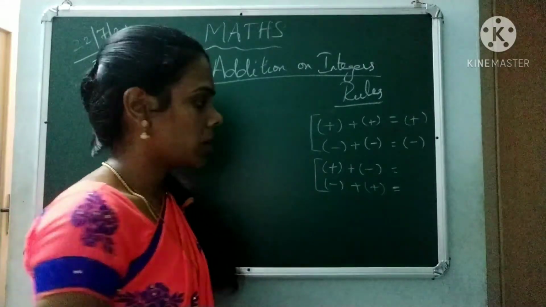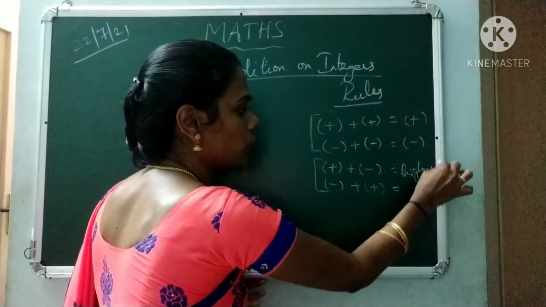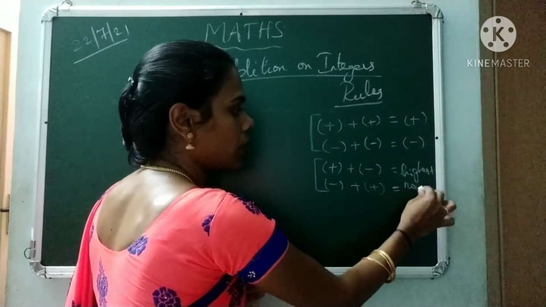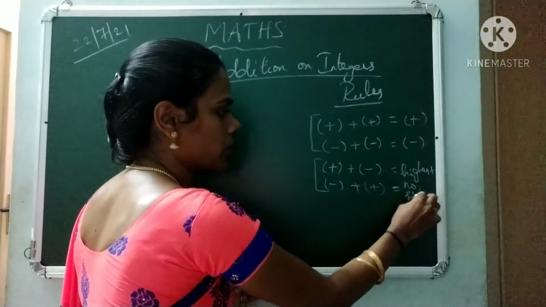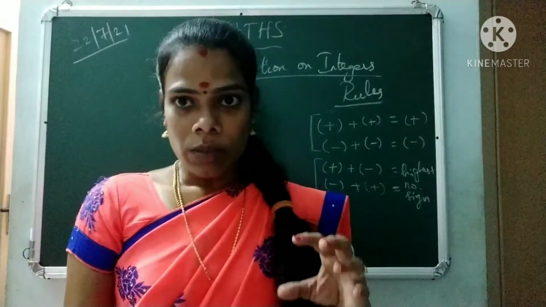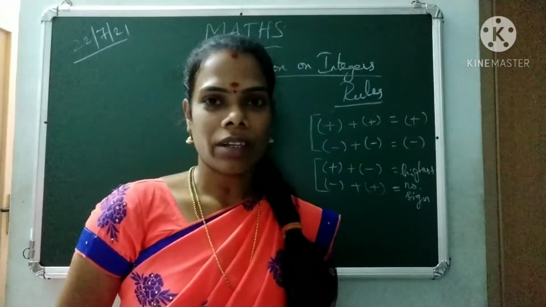The highest number's sign is either positive or negative, and you write that. So these 4 rules you have to remember for addition of integers.